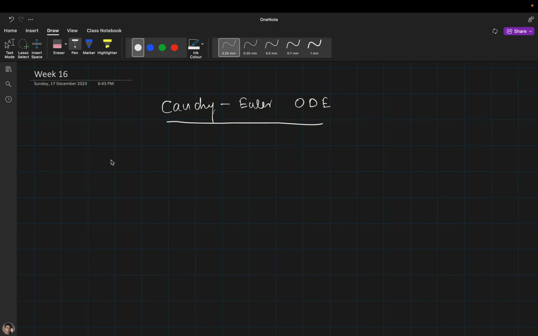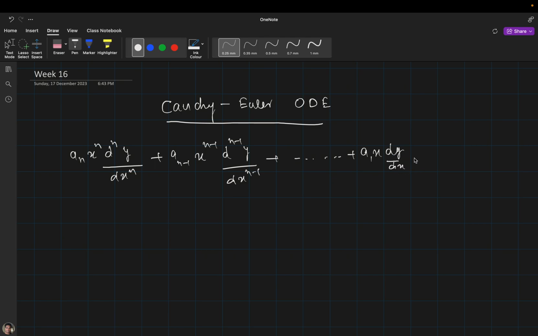Okay, so the form of the Cauchy-Euler differential equation is like this. So this is the form of the Cauchy-Euler differential equation.